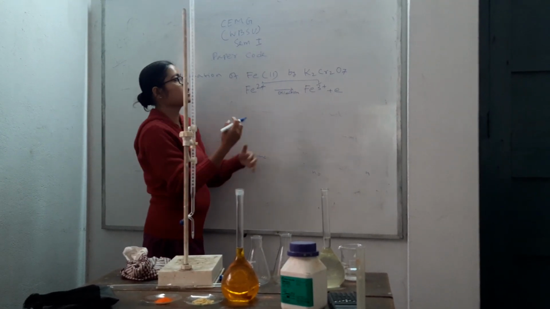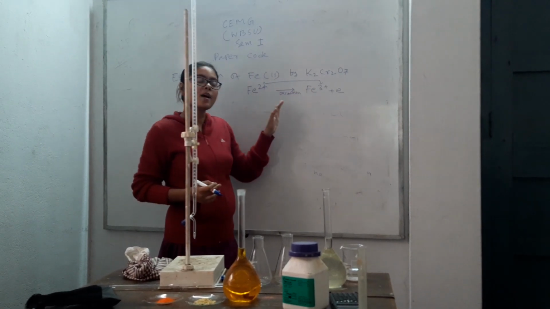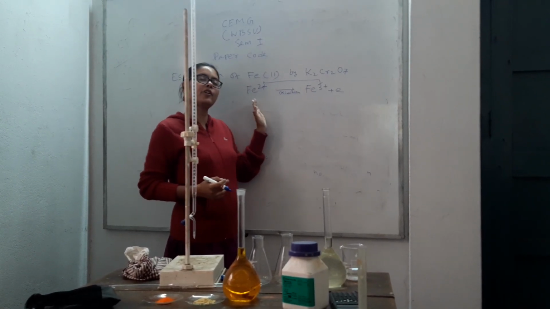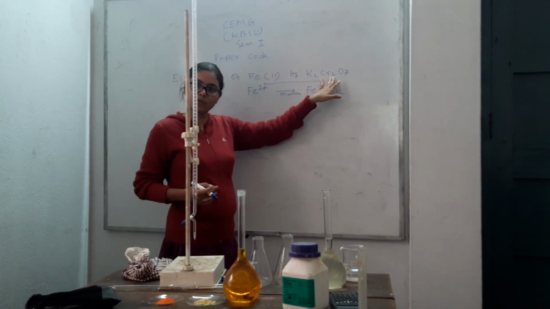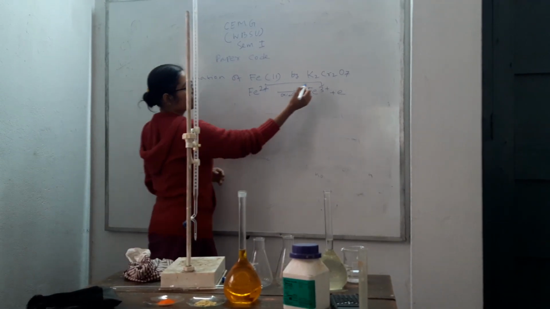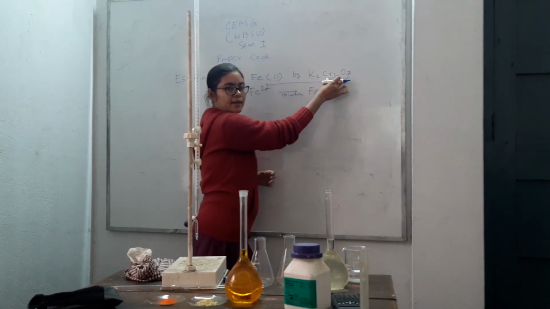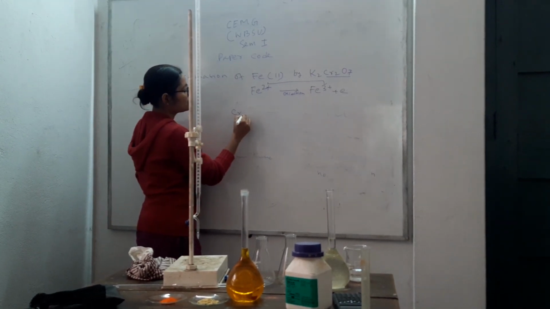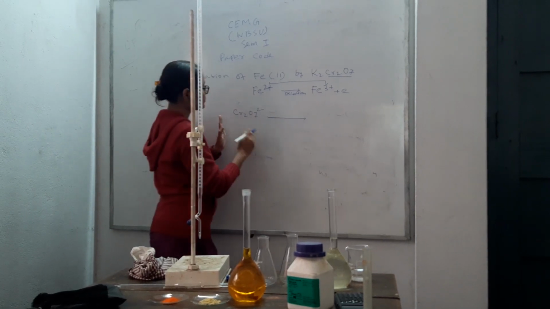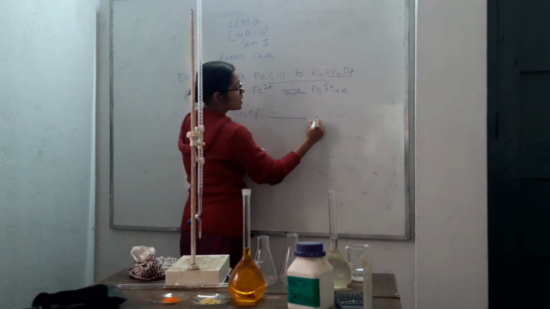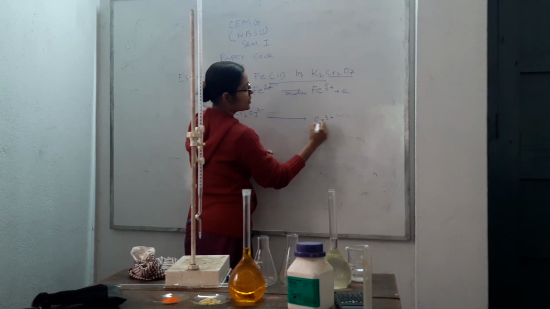As potassium dichromate oxidizes iron 2 plus to iron 3 plus, what happens with potassium dichromate? Here this is the dichromate ion, Cr2O7 2 minus, where chromium goes to chromium 3 plus.